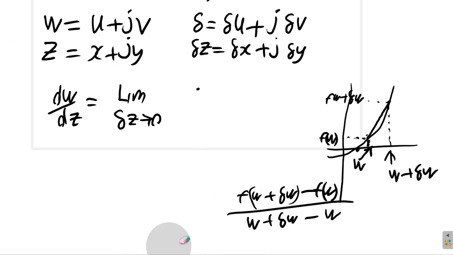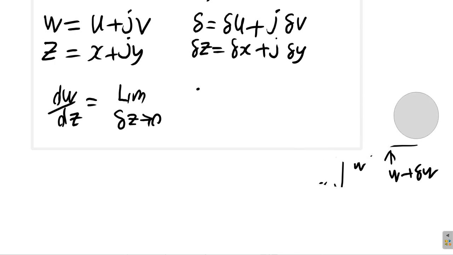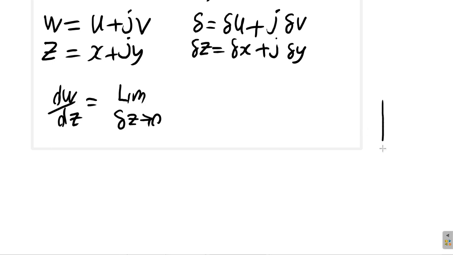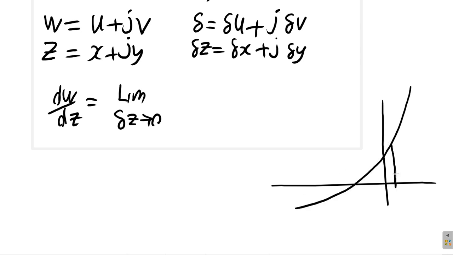However, in our case here now, we're finding dW by dZ. Let me draw our curve again. Now, here, this is our Z-axis, and this is our W-axis. So the rise will be changing W, and the run will be changing Z. Alright?